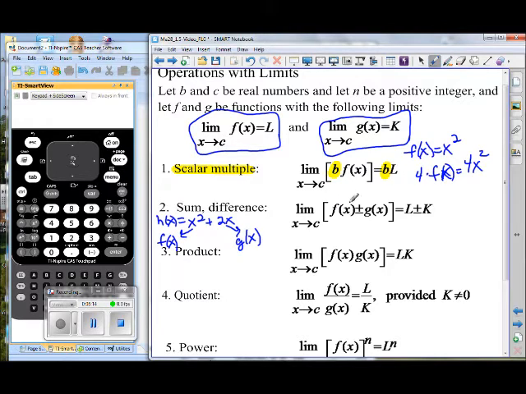This says that if this is the case, as we have here, then the limit of the sum of two functions is the sum of the limits of the two functions.